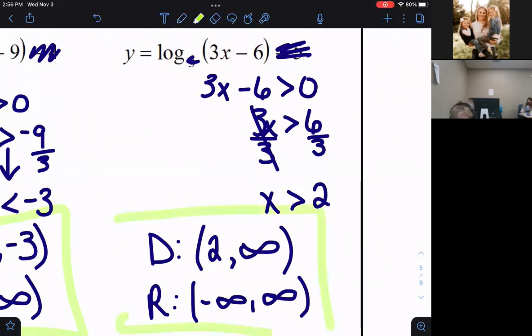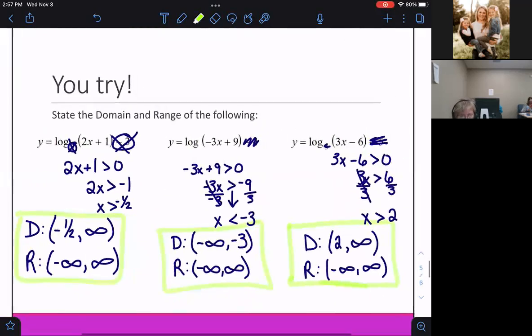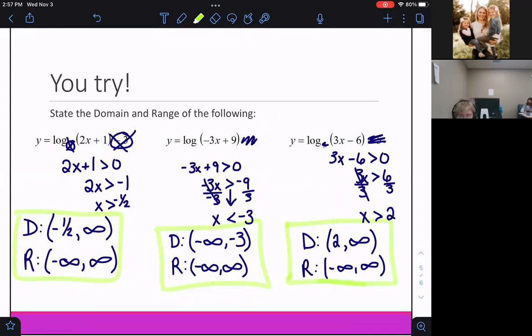Be careful, sometimes if it's a multiple choice problem, the domain and range will be switched. They'll write the domain as all real numbers, and then the range will be what the domain should have been. So be mindful of that, those are little tricks. If you're not paying close attention, you will goof on those.